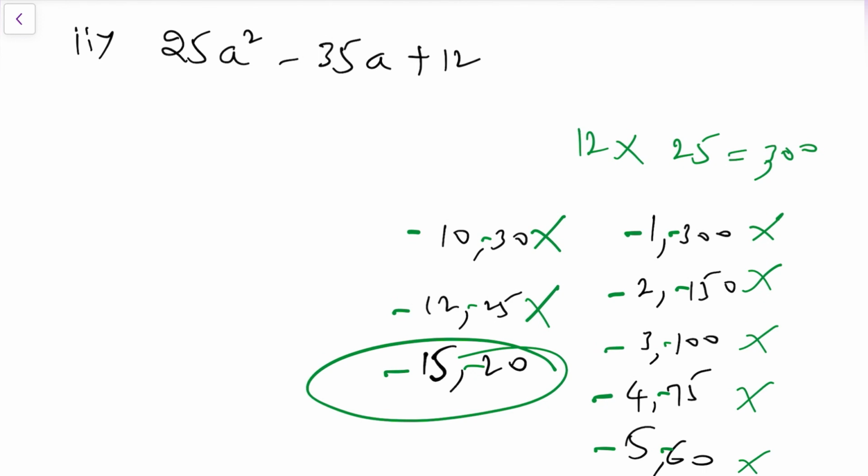So first term as it is, 25a square. In the place of minus 35a, let us write minus 15a minus 20a, plus 12 as it is again.